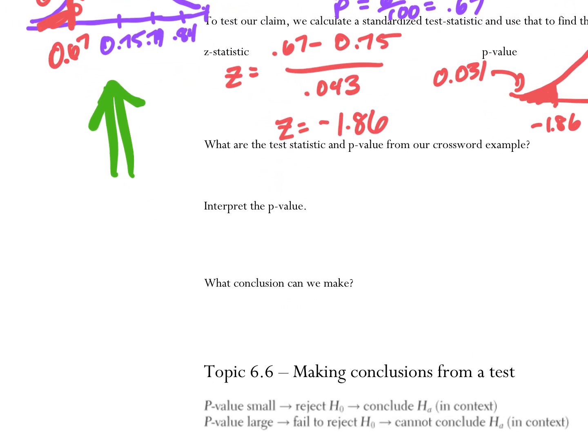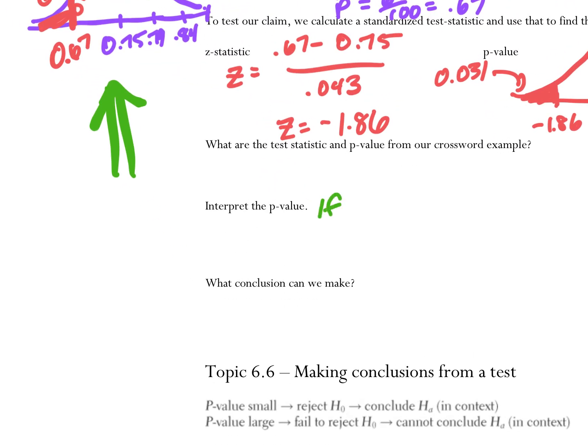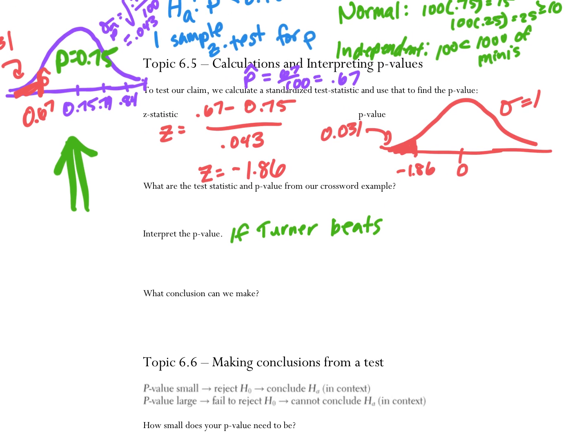So if Turner beats Meister 75% of the time, which is essentially what the null hypothesis is saying, okay?